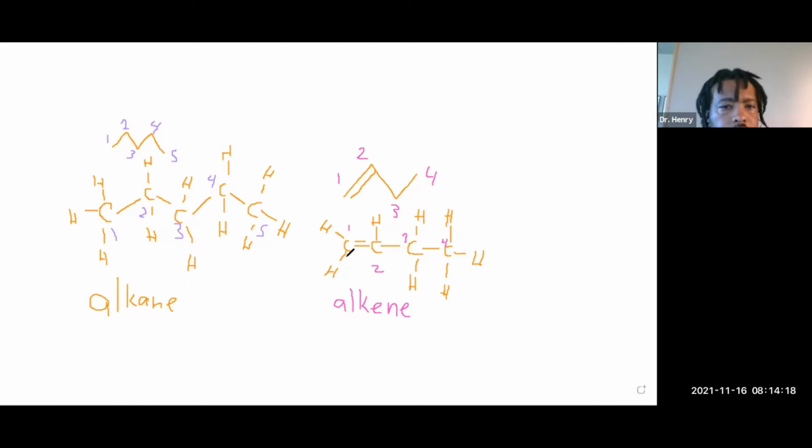So that's 1, that's 2, and a double bond counts as 2 bonds. Okay, so that's a total of 4 around it. And the center atom, this second carbon, it has those 2 from the double bond, 3, 4. So carbon is always going to try to have 4 attachments, or 4 bonds around it.